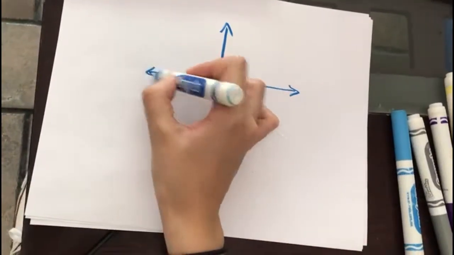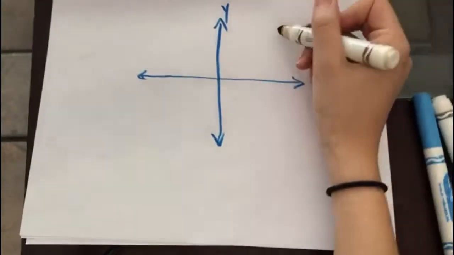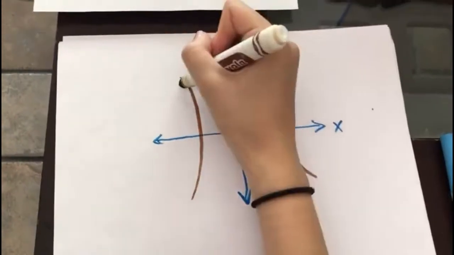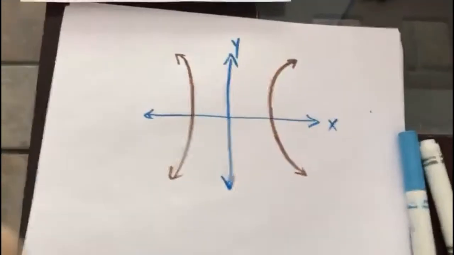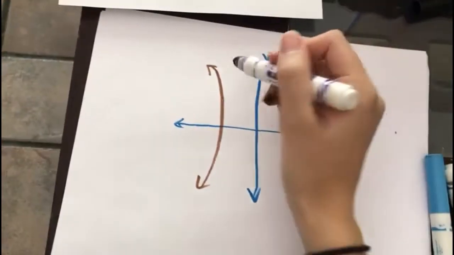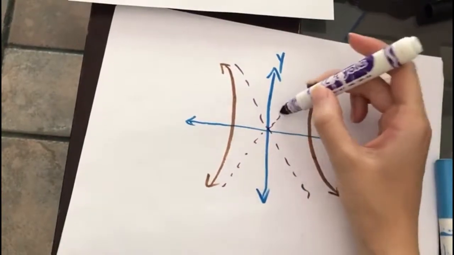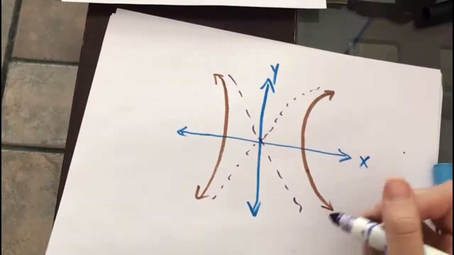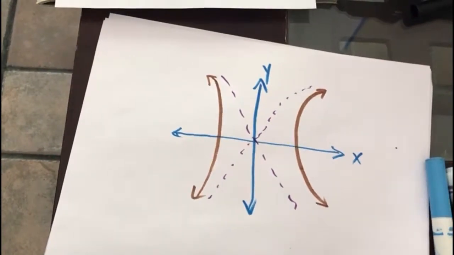We're going to sketch it here: the x-axis, the y-axis. A hyperbola is two curved line segments that stay within two asymptotes that make a cross through the x and y axes.